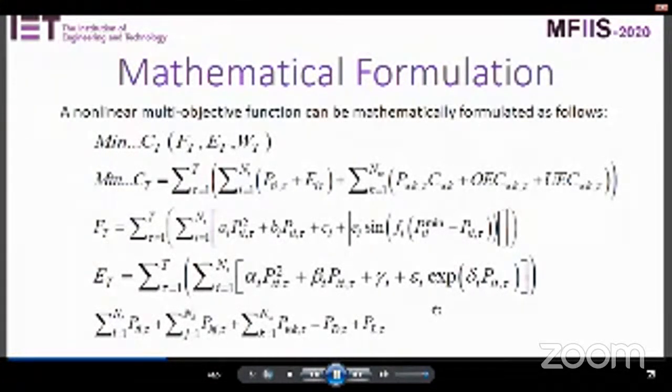Formulation of the multi-objective function involves the necessary mathematical modeling of a thermal power plant, a hydel power plant, and a wind power plant. It is evident that the cost involved in a hydroelectric plant is independent of the output.